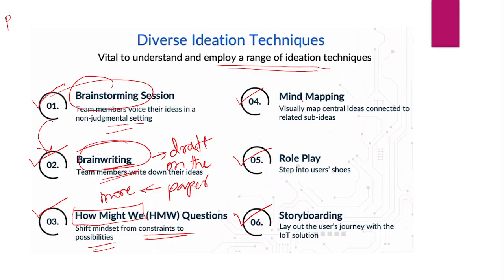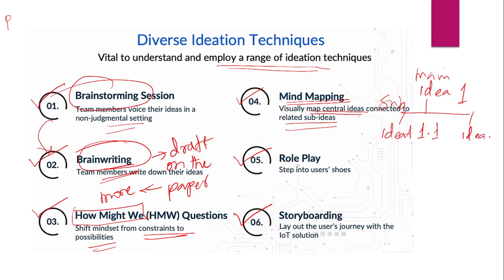And the next one is mind mapping. In mind mapping, you visually map central ideas connected to related sub ideas. For example, one idea is coming over here. This is called the main idea. From the main idea, I am getting some sub clusters also. This is idea number 1, and then idea 1.1, idea 1.2.